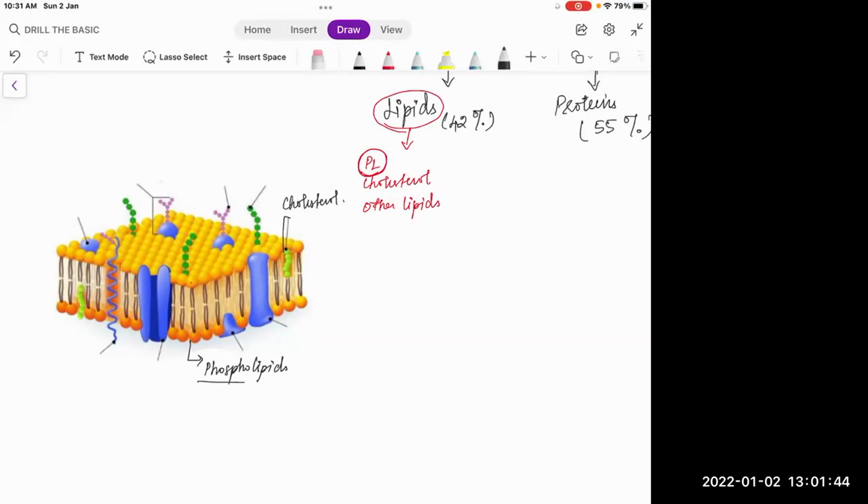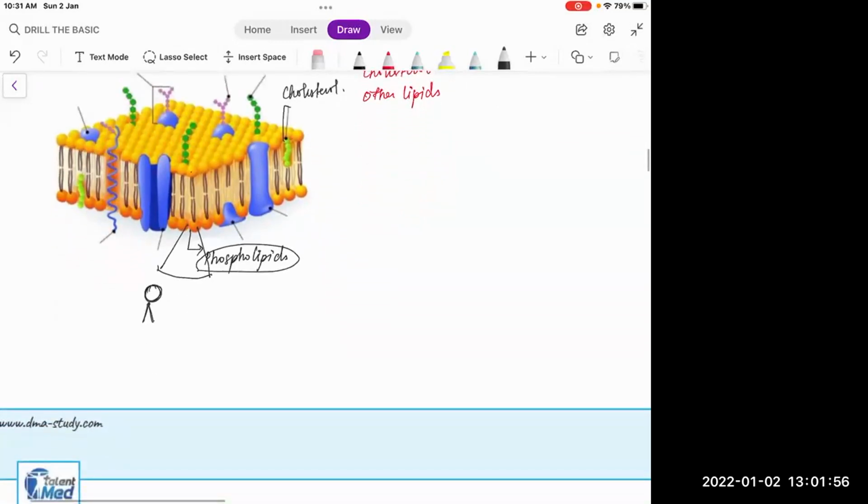So this phospholipid, when you take an individual structure of the phospholipid, you will have a polar and a non-polar structure. So this is the structure of a single unit of a phospholipid. In the single unit of the phospholipid, you call this the head and the tail portion.